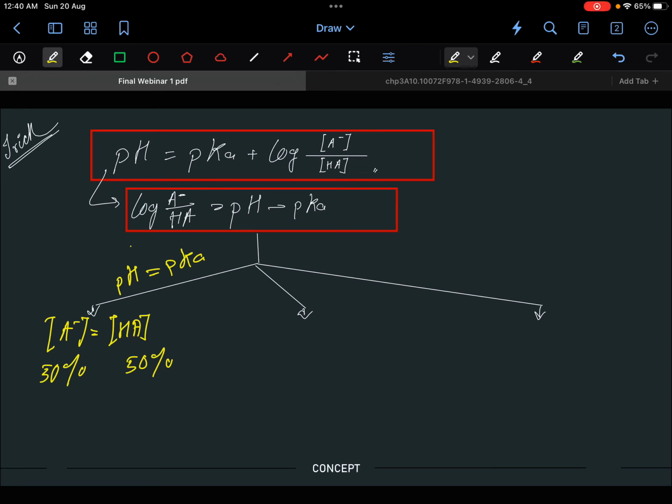Okay, so another situation is when pH is less than pKa, right? What will happen when it's less than pKa? In this case, if the difference is equal to 1, this is where the trick lies. If the difference is equal to 1, that is pKa minus pH is equal to 1, when pKa is greater, what will happen?